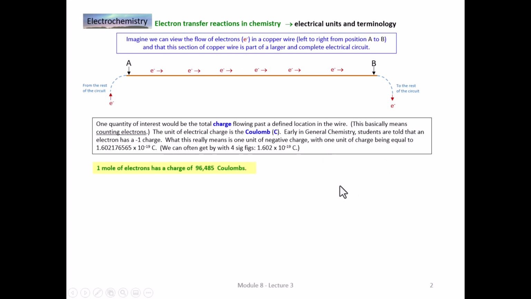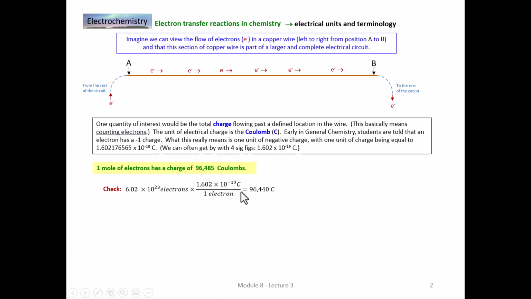Now, 1 mole of electrons, meaning if we count 1 mole of electrons, that 1 mole of electrons would have a charge of 96,485 coulombs. Let's do a check on that and see if that would be true. So let's take a mole of electrons, 6.02 times 10 to the 23rd, and multiply by the fact that we claim that each electron has a charge of 1.602 times 10 to the minus 19 coulombs.